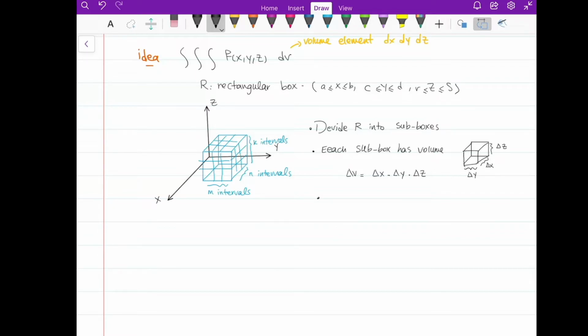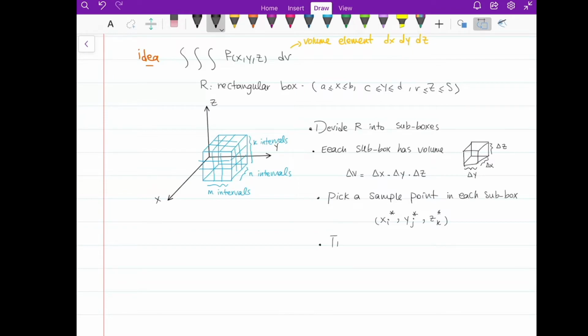Then as before, we pick a sample point in each sub box. Let me call the sample point, for example, xi star, yj star, and zk star. We need more indices in here, but I'm just going to give you the idea.